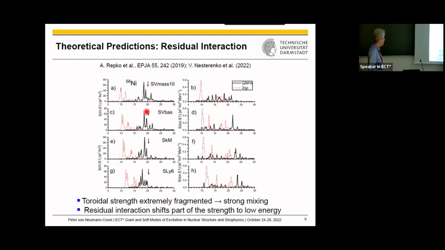It's a repulsive interaction. This forms the GDR. You look in the toroidal response, you see that it's even more fragmented over a broad range. But something I want to discuss now is that a part of the strength by the interaction is shifted to low energies. It's not very much, but this is what I want to focus on.